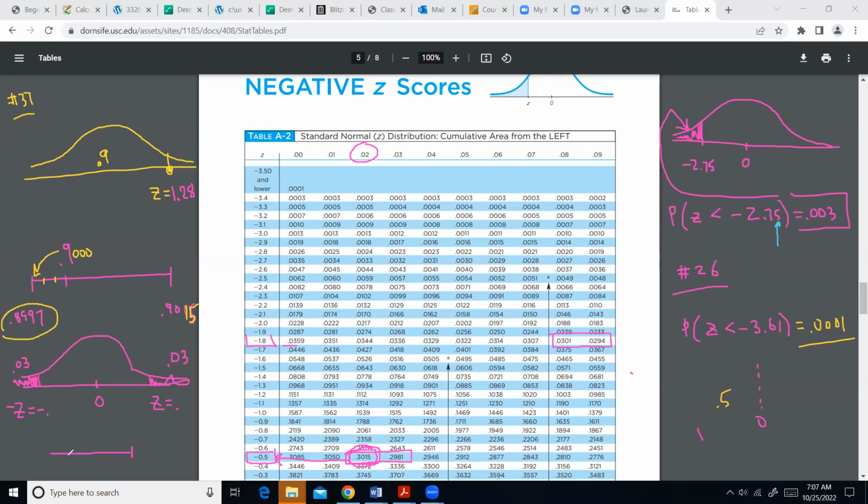Looks like this is 0.0301, right? And on the other side is 0.0294. So yes, a little mistake, a little moment where you relaxed and didn't pay attention. Yeah, the whole thing may be wrong.